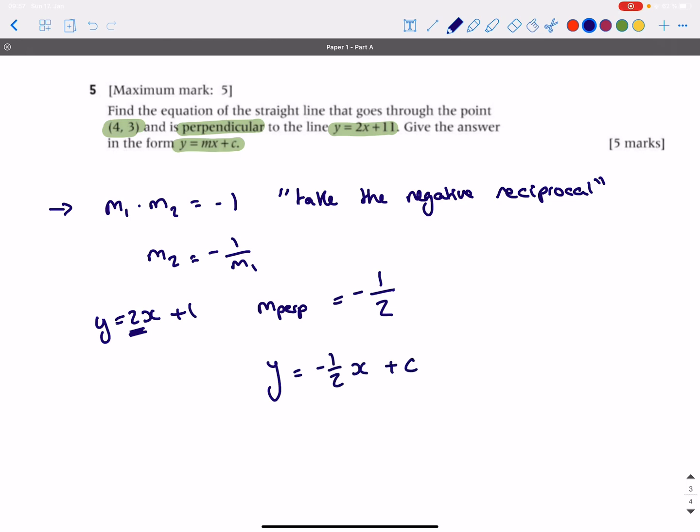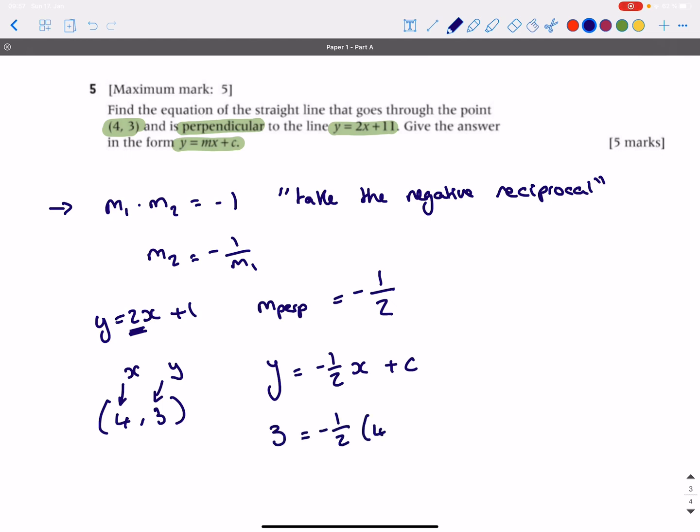But what we're missing at the moment is the c. That's where the point that it goes through comes in. So that point (4, 3), we are going to substitute into our equation of our straight line. So the 4 becomes our x and the 3 becomes our y. So when I rewrite that, I have 3 equals -1 over 2 times 4 plus c.